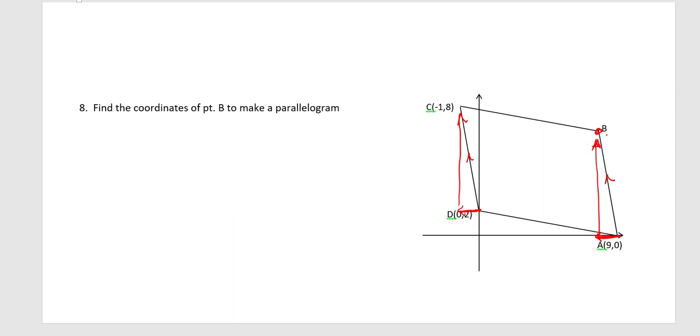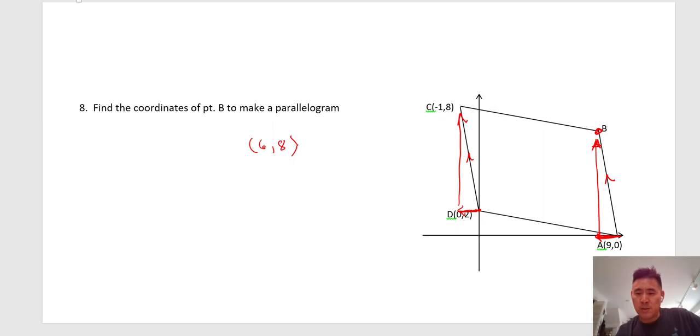And I believe if you do that, you will get 6, 8. And you can just count. It's not a problem to do that.